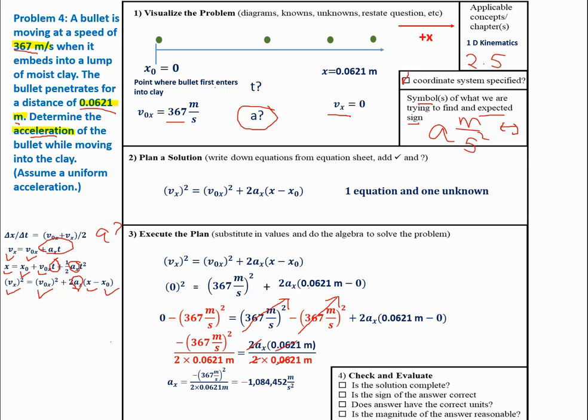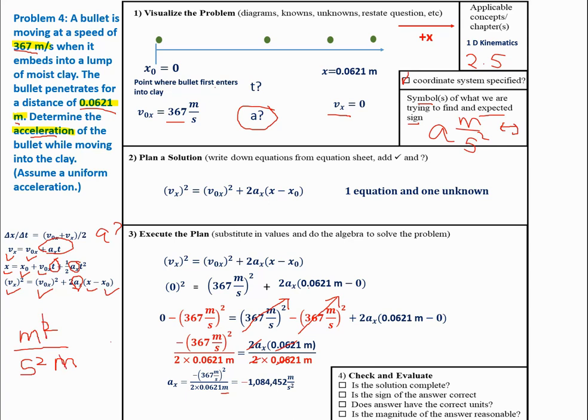You might be wondering how I got meters per second squared for the unit, so let me show you. You have meters squared divided by seconds squared, and then you divide that by meters. I'm just looking at the units here: you have meters squared in the numerator and meters in the denominator.